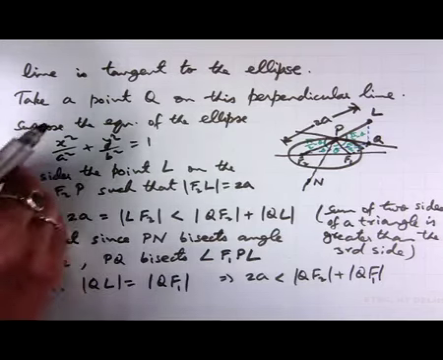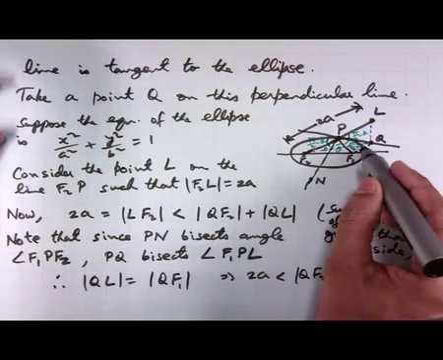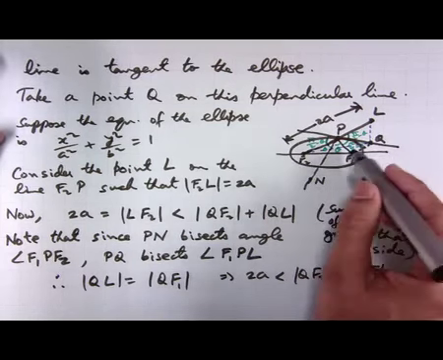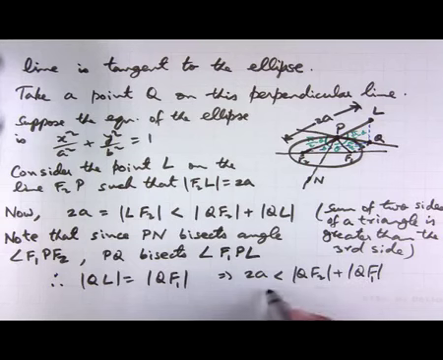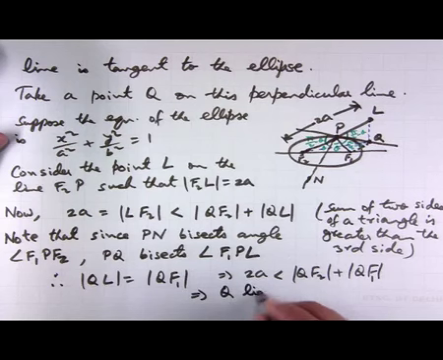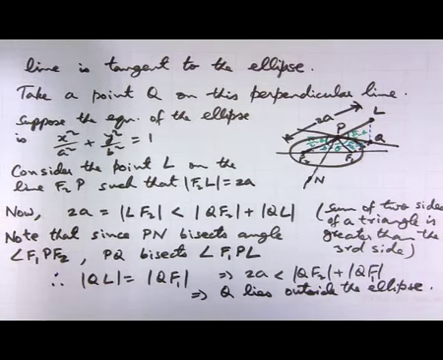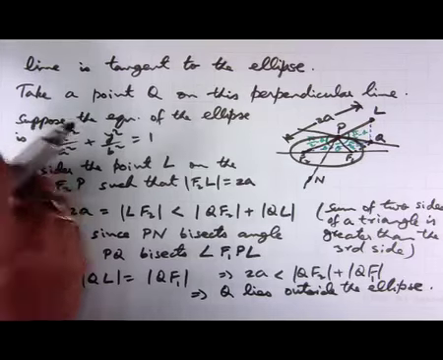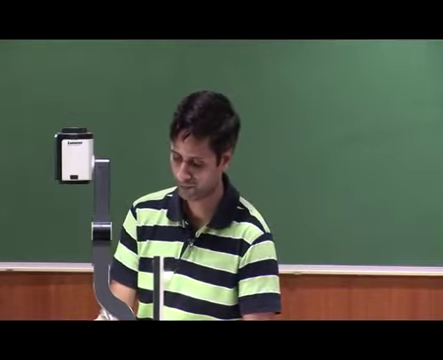Now, recall that for any point on the ellipse, the sum of the distances from the two foci is equal to 2a. Because here the sum of the distances is greater than 2a, this implies Q lies outside the ellipse. And hence we have proven that this P N is normal to the ellipse. Okay. Next problem.